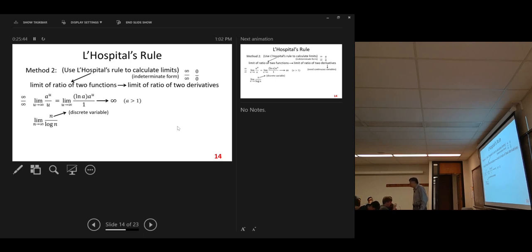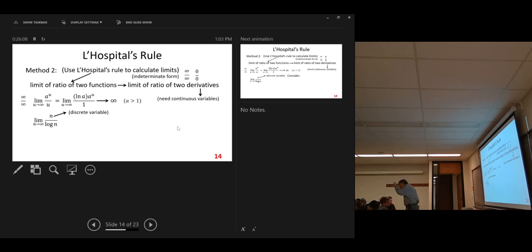In that situation, you cannot take derivatives of discrete functions. You can only take derivatives for functions using continuous variables, continuous functions, not discrete functions.